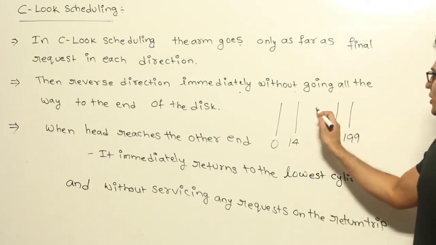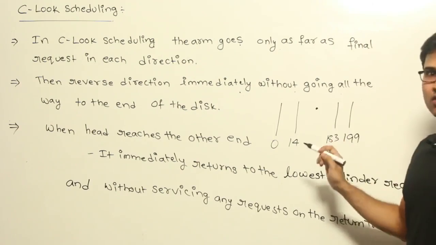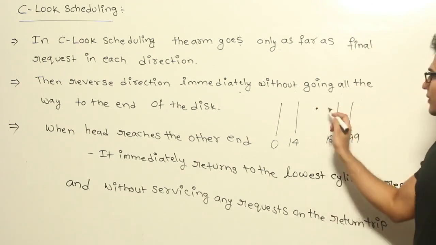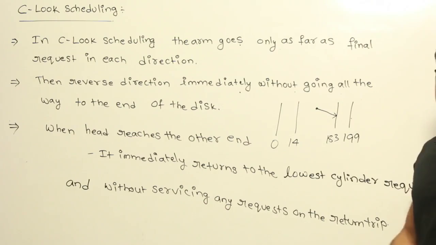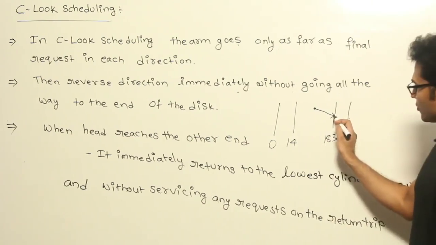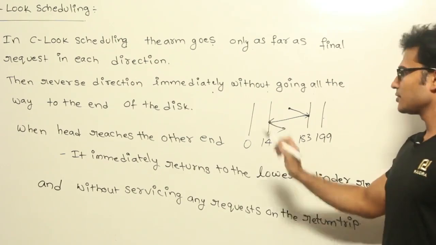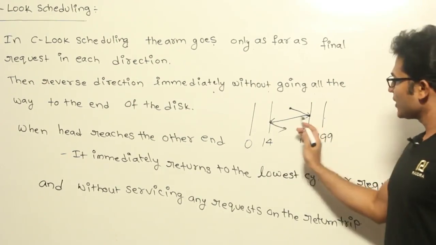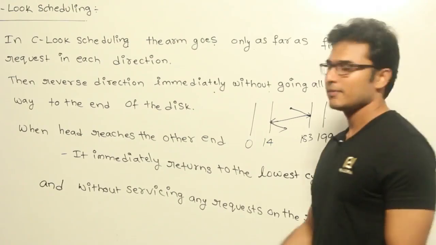Now if you are going to start somewhere, assume that the direction of movement as of now is towards the higher side, then we go till this point and we are not going to touch this. That is what they are trying to say. And after that they are going to reverse the direction and again come till this point and service the remaining requests. Got it? And while coming back, we are not going to provide any service to any request, right?